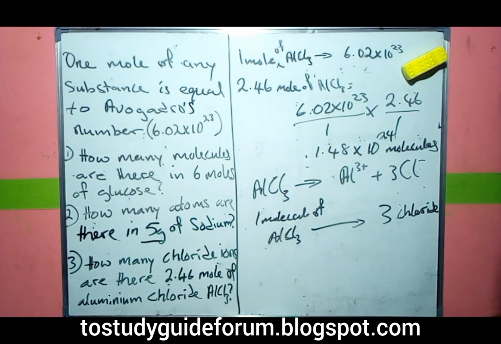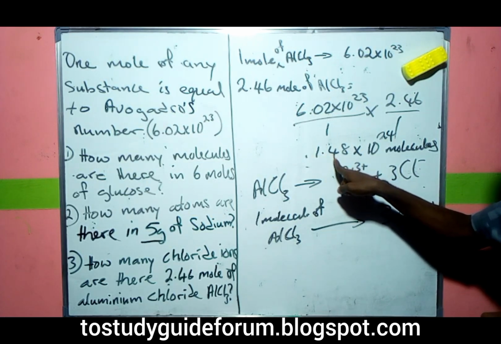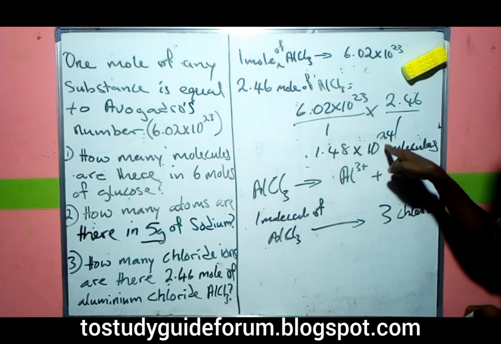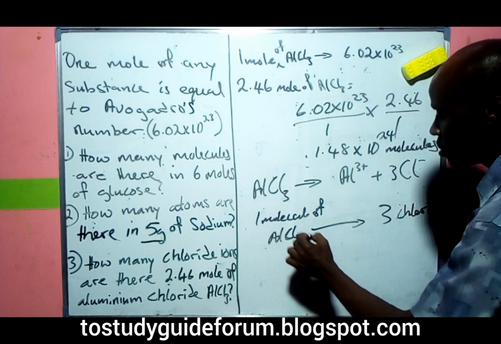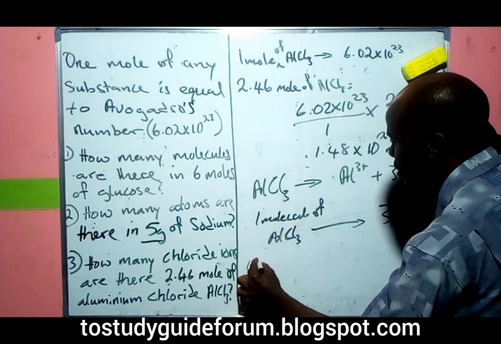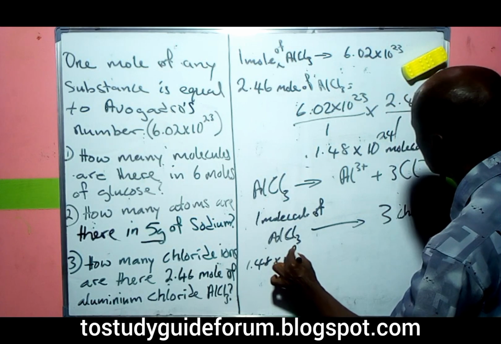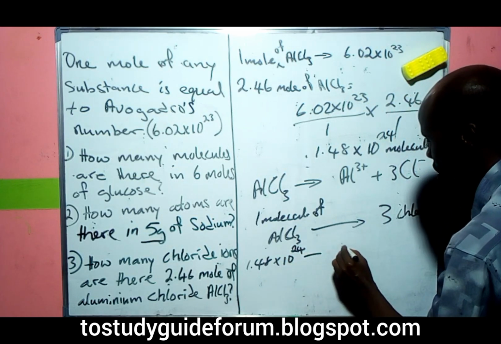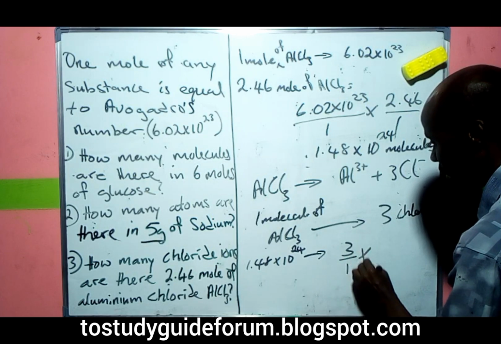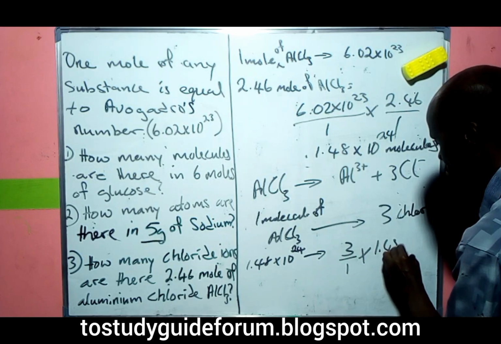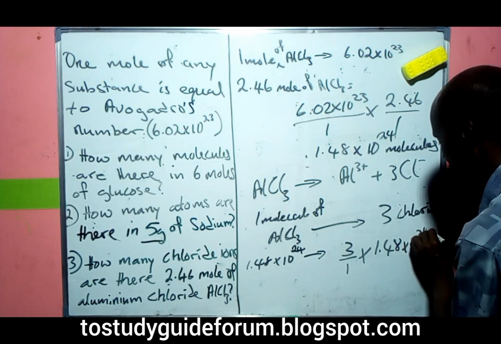So now, 1.48 times 10 raised to the power 24 molecules will give us 3 over 1 times 1.48 times 10 raised to the power 24.